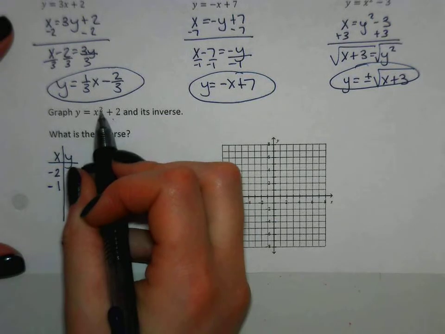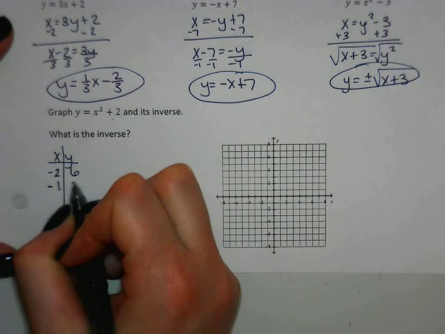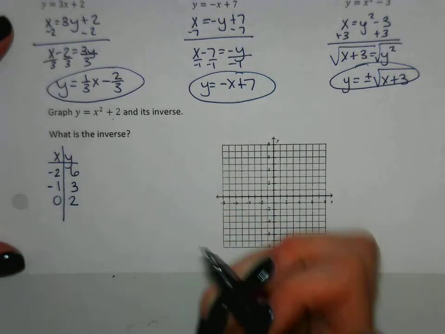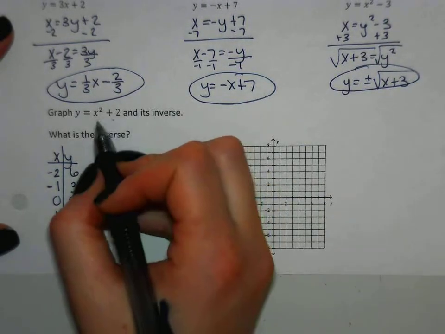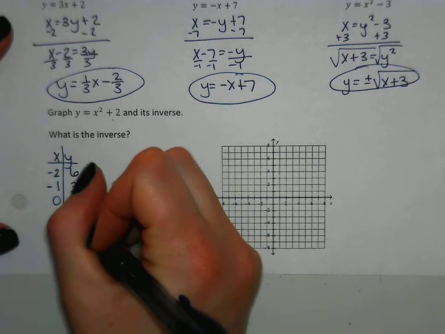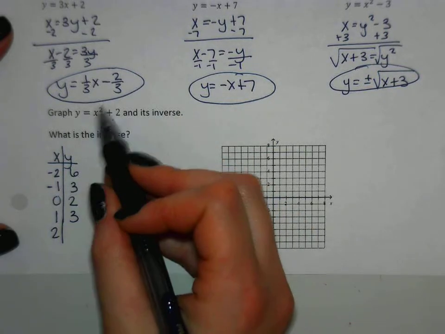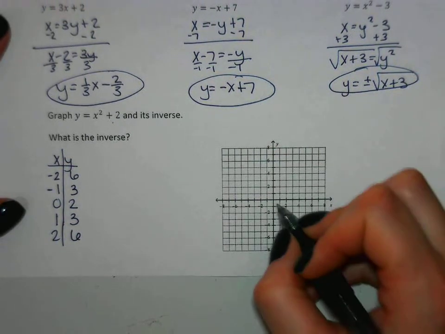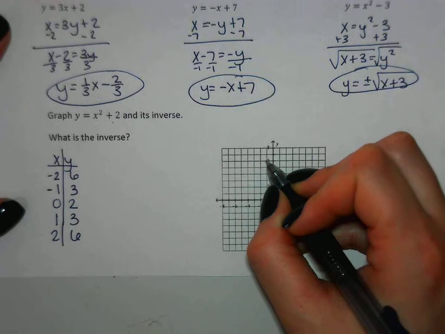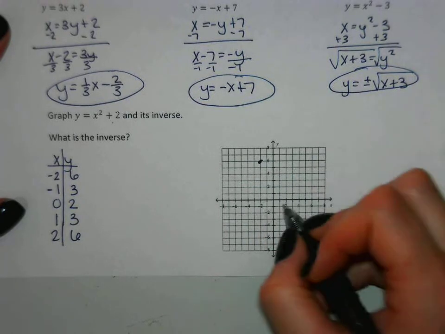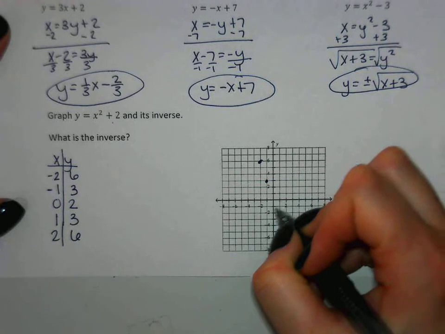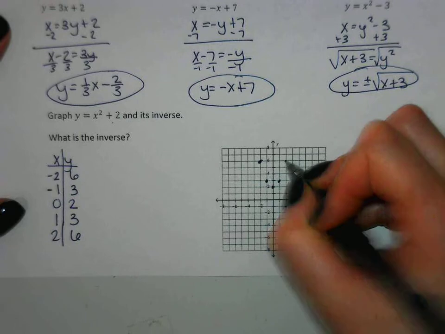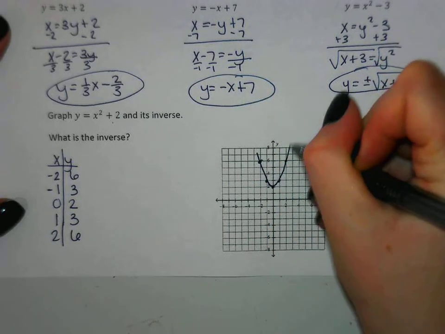Negative 1 squared is 1, plus 2 is 3. 0 squared is 0, plus 2 is 2. 1 squared is 1, plus 2 is 3. 2 squared is 4, plus 2 is 6. So let's graph our first equation: (-2, 6), (-1, 3), (0, 2), (1, 3), and (2, 6). So here's our parabola from our quadratic.